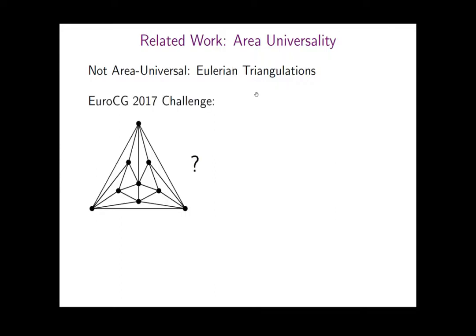On the negative side, Linda showed that Eulerian triangulations are not area universal, that is, triangulations that have an Eulerian path. So very little is known, because it's very hard to study even simple graphs. Somehow this notion is very challenging to study.